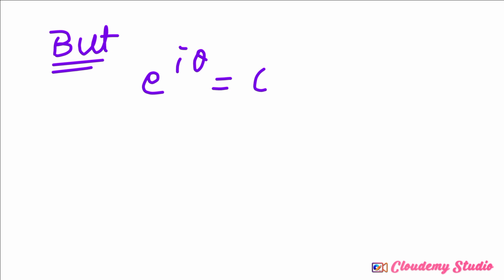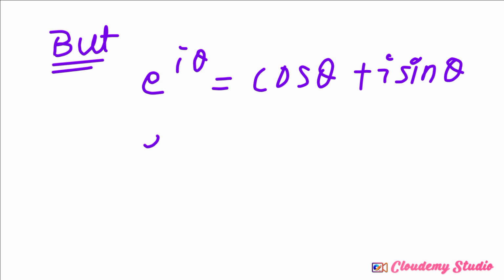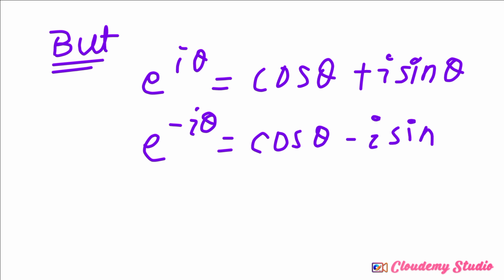Next, we know that e to the power i theta is equal to cos theta plus i sin theta, and e to the power minus i theta is equal to cos theta minus i sin theta. This is a formula.